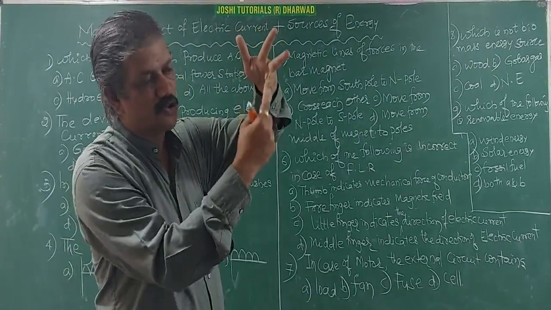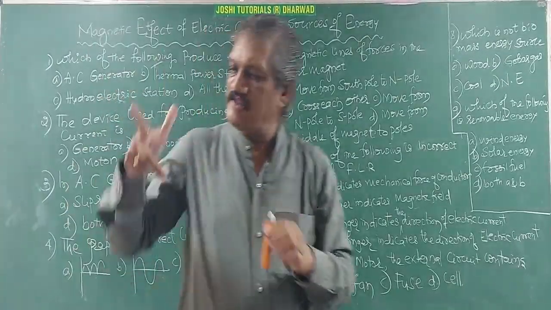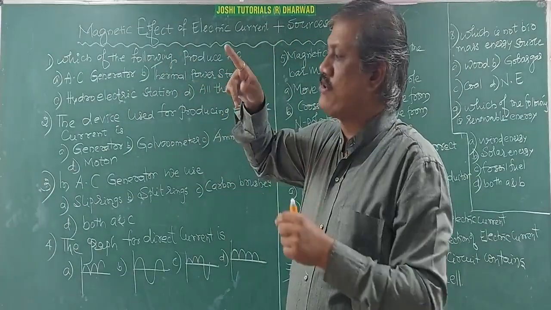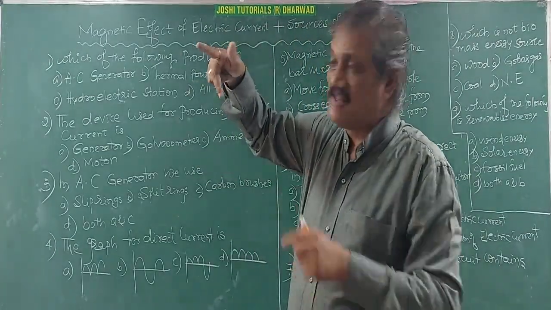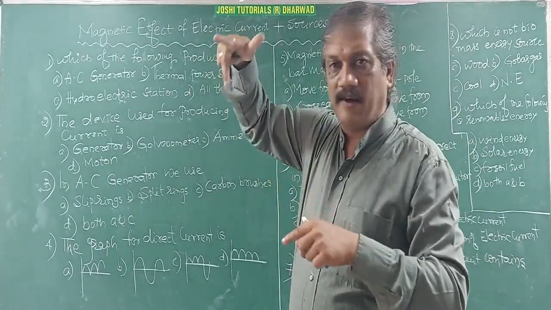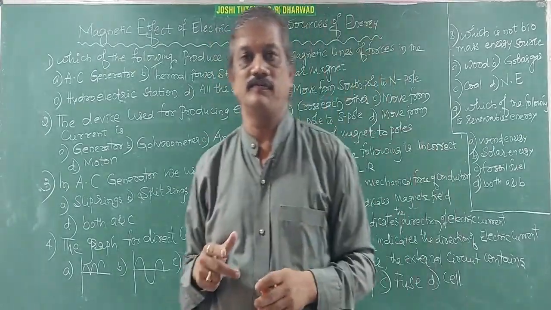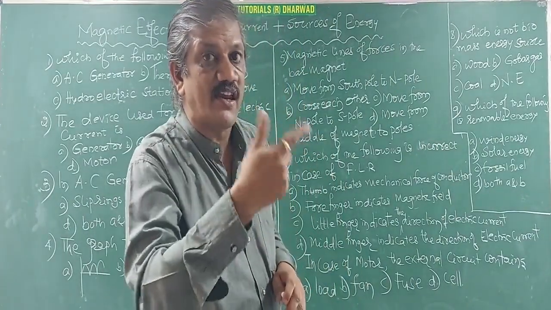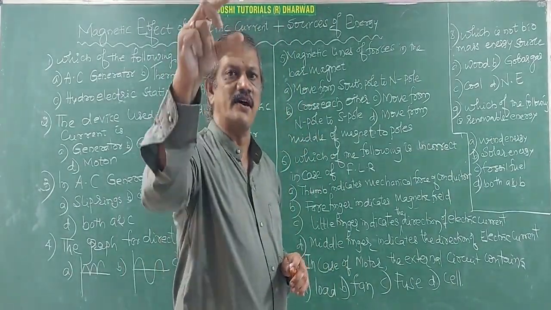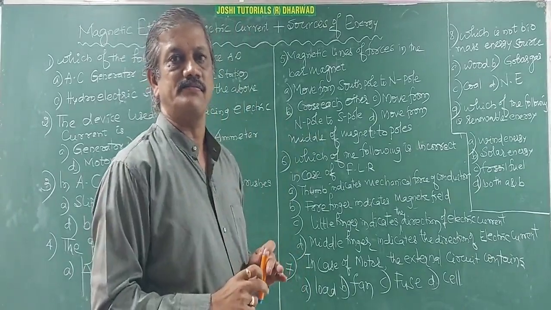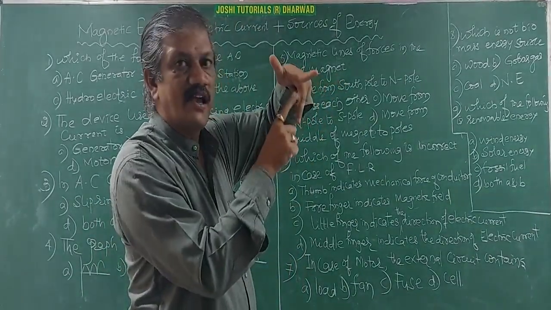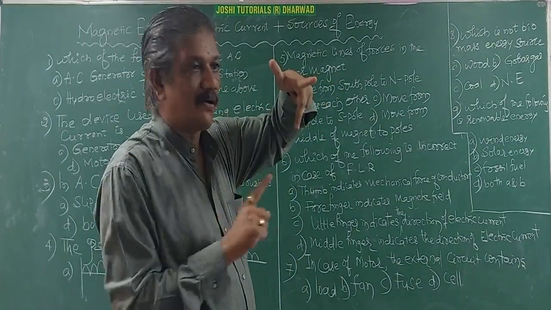Forefinger field, thumb motion of conductor, middle finger is induced current. Right hand thumb rule is dynamo rule: mechanical to electrical energy, generator is the best example. And in case of left hand rule, motor rule, it is current.